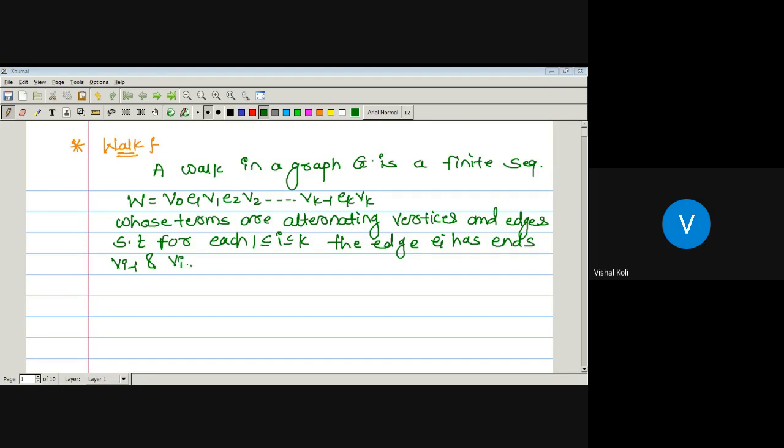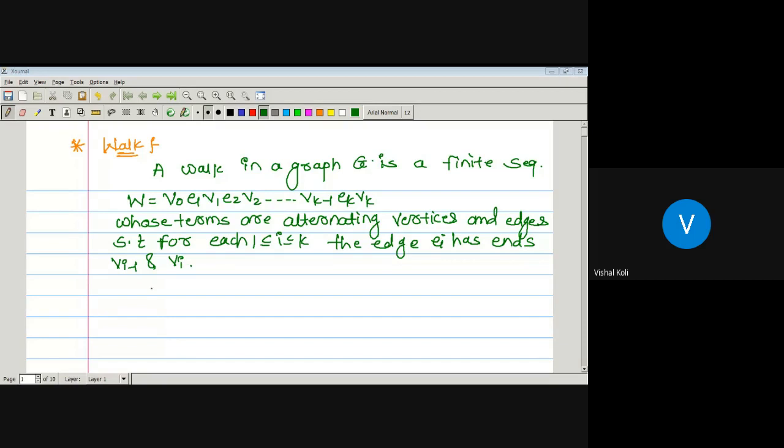Okay, so what is a walk in a given graph G? A walk in a graph G is a finite sequence V0, E1, V1, E2, V2, E3, V3 and so on up to Vk minus 1, Ek, Vk, whose terms are alternating vertices and edges, so that for any i between 1 to k, the edge Ei has ends Vi minus 1 and Vi.